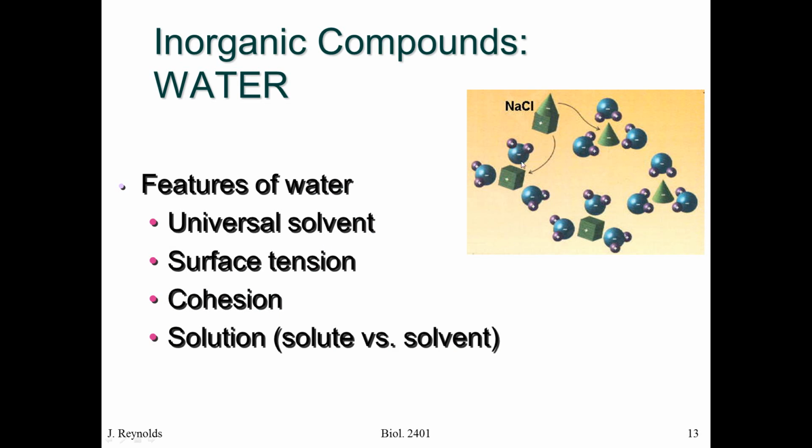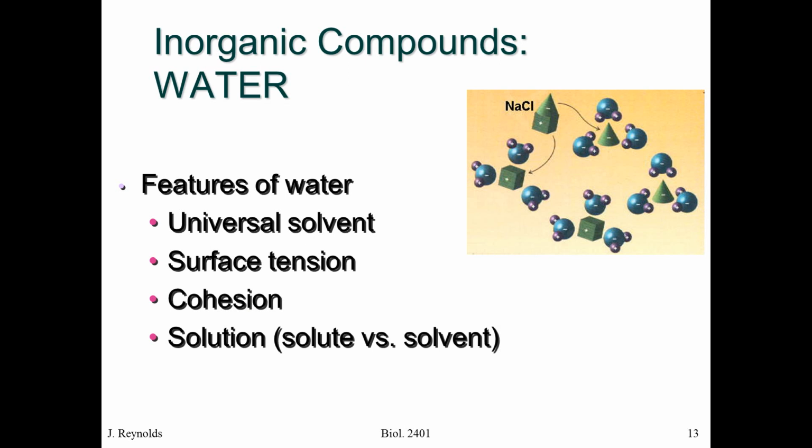I've already talked about hydrogen bonding, so you know that water molecules are attracted to each other, and this causes them to pull together in tight little units, like bunches of kids all holding hands. That's the cohesiveness of a water molecule. It's also the reason why water molecules have surface tension.